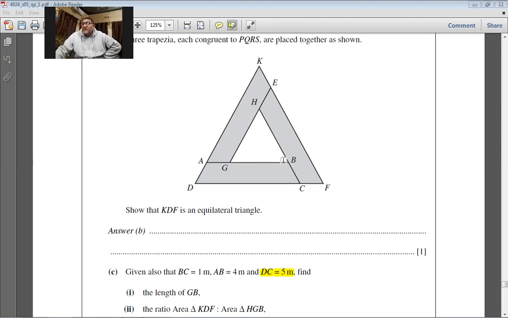This is 3. So this big triangle and this HGB triangle are similar to each other. This side is 3, this side is 6. Because both triangles are similar, the ratio of their areas will be equal to the square of the ratio of their sides.